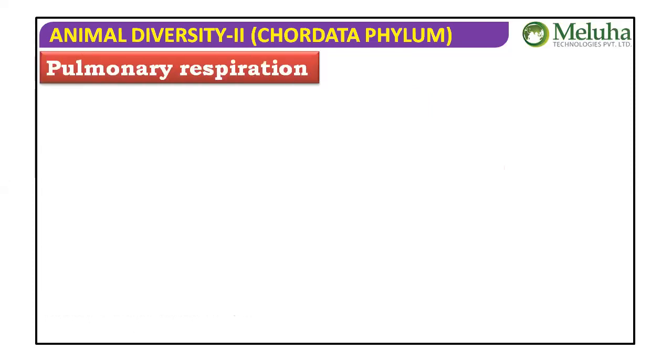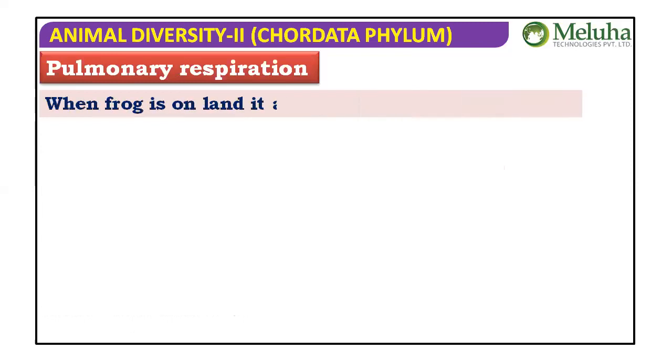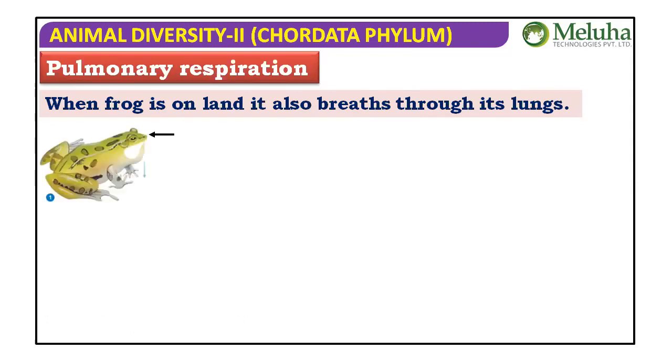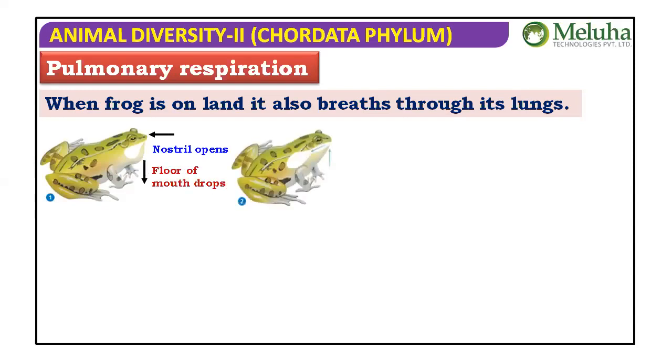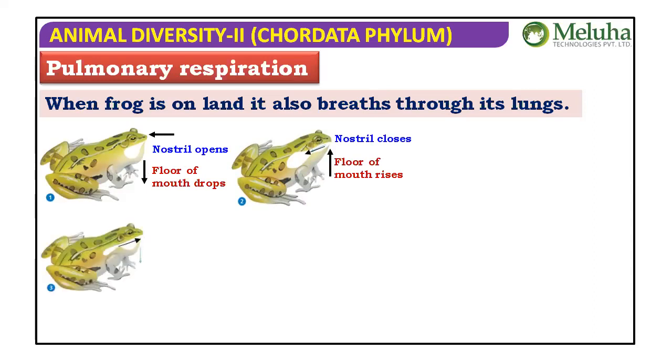Then how does pulmonary respiration occur? Let's talk about it. When the frog is on land, it also breathes through its lungs. Nostril opens, floor of mouth drops; nostril closes, floor of mouth raises; nostril closes, floor of mouth drops.